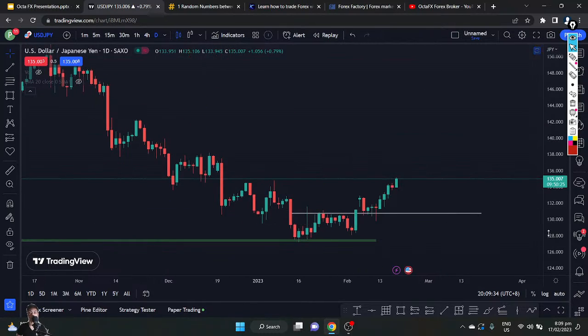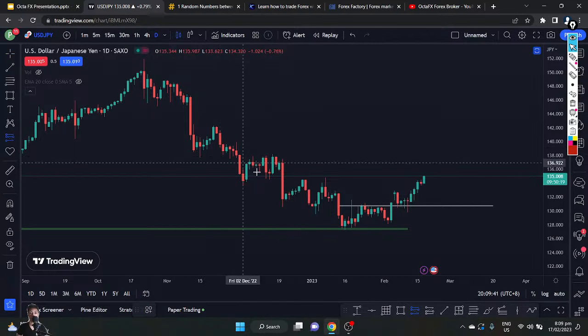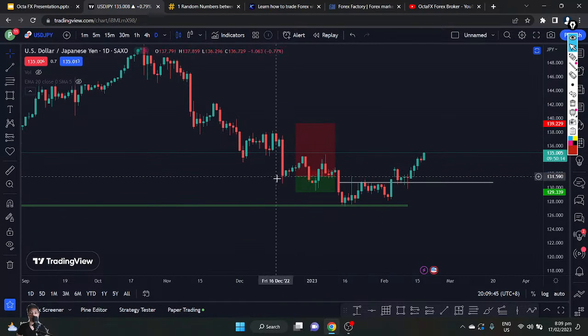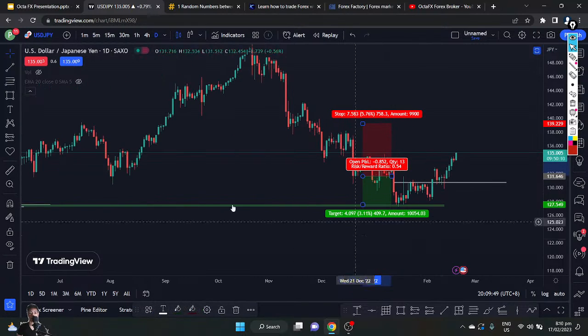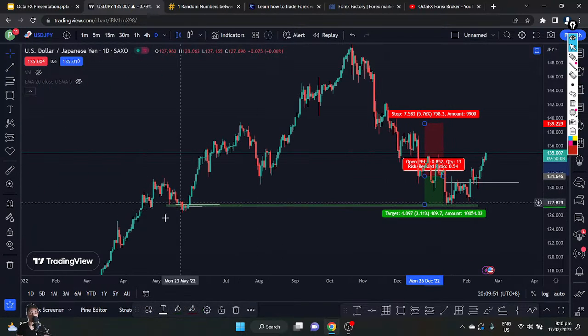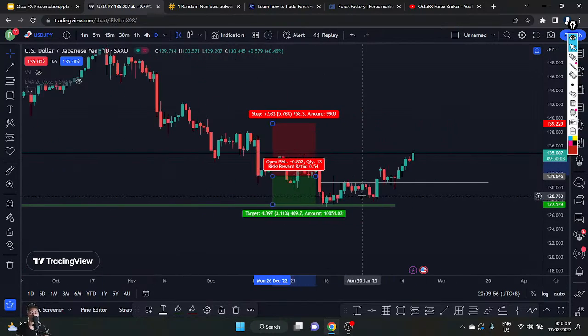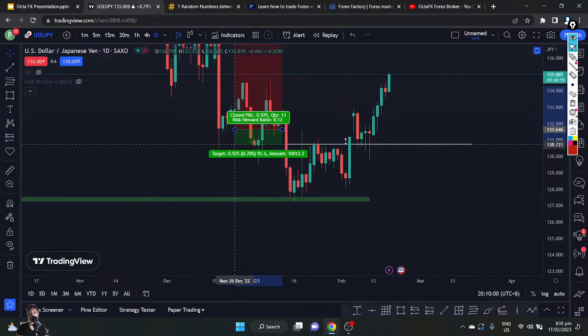So if you are holding a short position right here, or let's say you took a breakout trade and then you saw that the price reached the imbalance zone, you may consider taking your profit on the imbalance zone or right after the price breaks this level right here.